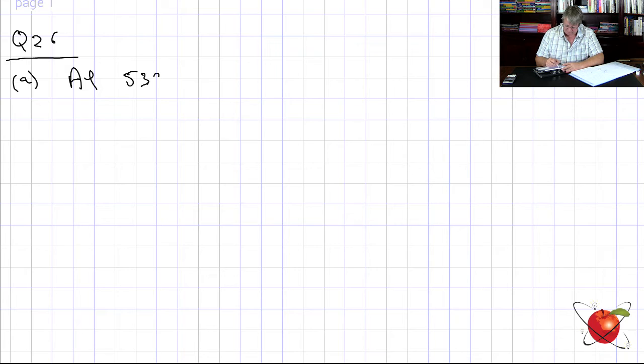Right, first of all, what do they mean by determine the empirical formula of the following? And they give us something that looks like this, question 26. Question A, they tell us Al of 53.2% and oxygen of 46.8%. Essentially, we are combining aluminium and oxygen, aren't we?